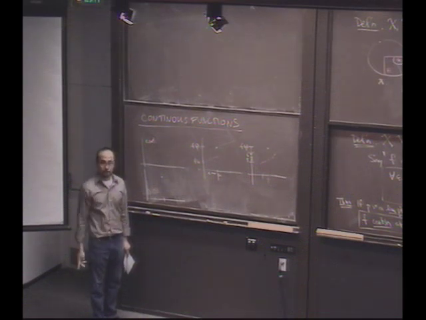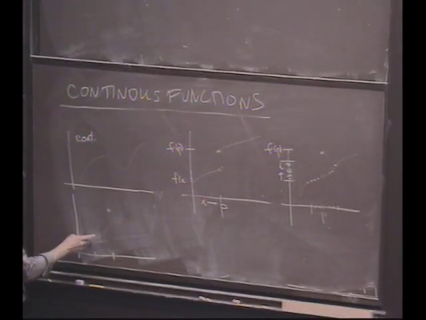Two points. I'll let it be whatever I want on one and whatever I want on the other. Take a second to discuss that with your neighbor if necessary. Is it true that for every epsilon, well, there's only 2 points to check whether it's continuous at.